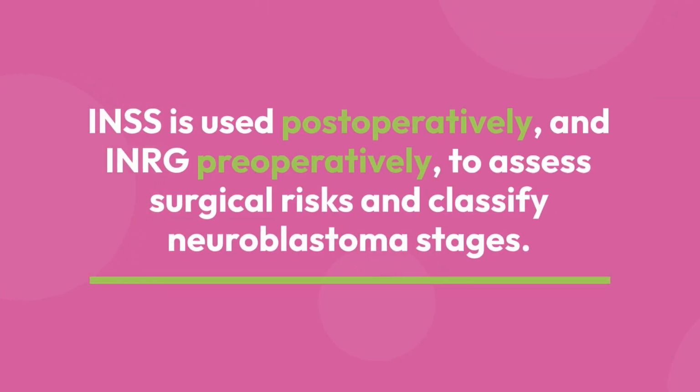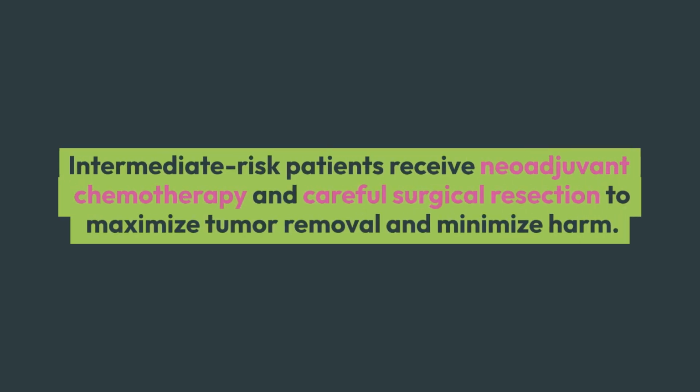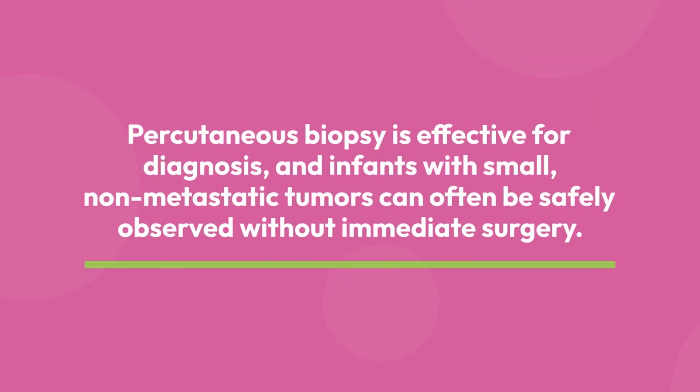INSS is used postoperatively, and INRG preoperatively, to assess surgical risks and classify neuroblastoma stages. Intermediate risk patients receive neoadjuvant chemotherapy and careful surgical resection to maximize tumor removal and minimize harm. Percutaneous biopsy is effective for diagnosis, and infants with small non-metastatic tumors can often be safely observed without immediate surgery.